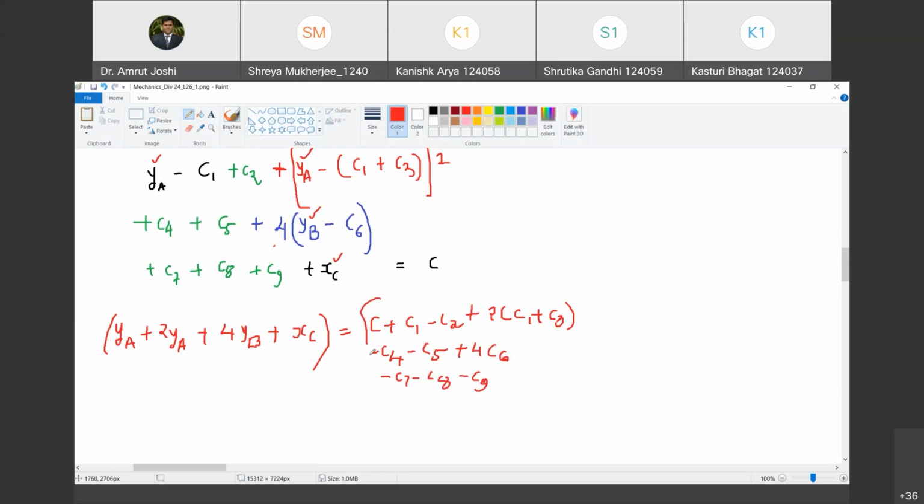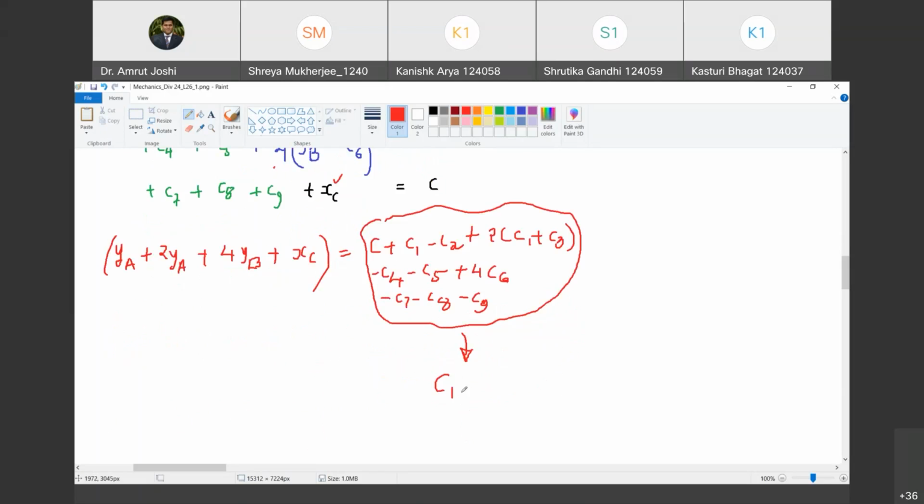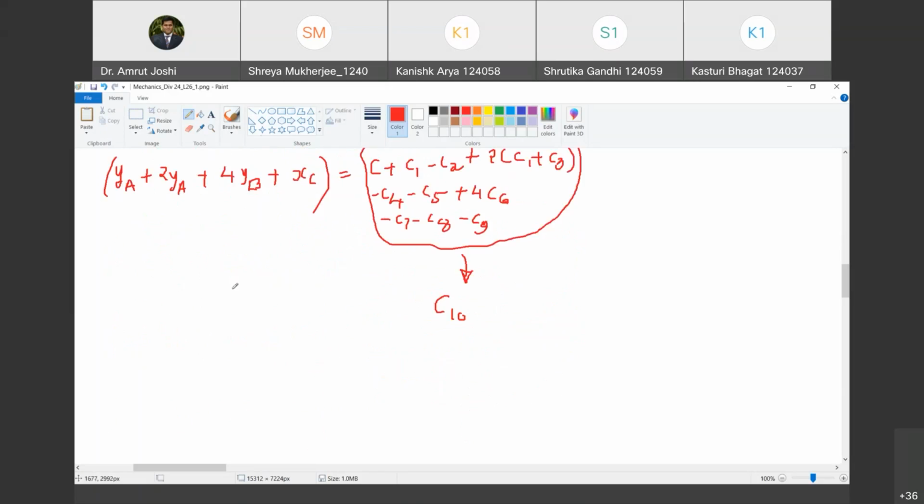Now, is this entire thing a new constant? Yes, sir. So can I replace this by a single constant, which I will name as c10? Happy? Yes, sir. So what is the equation that we finally get? We get the equation that ya plus 2ya plus 4yb, are you with me?